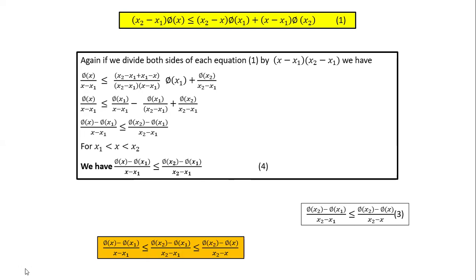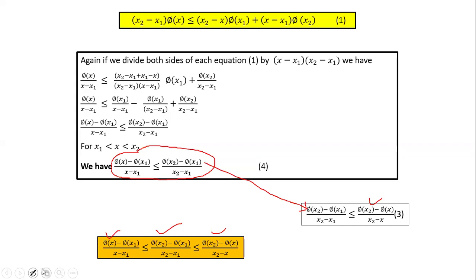Just simply clubbing these two equations and continuing with this term, because this is the same term, we will get the inequality. So this is the Chordal slope lemma which we required to establish.